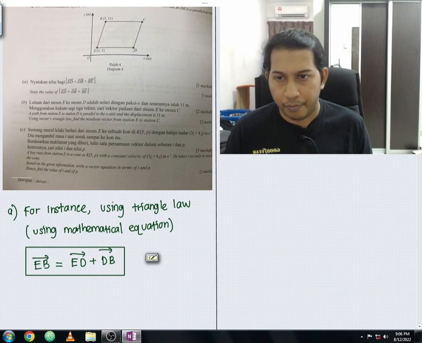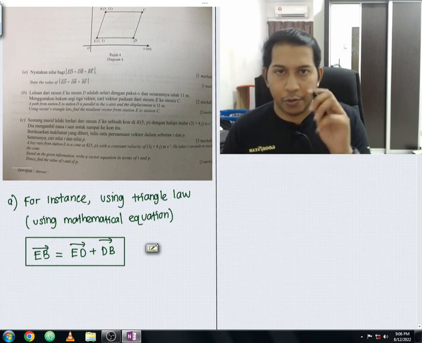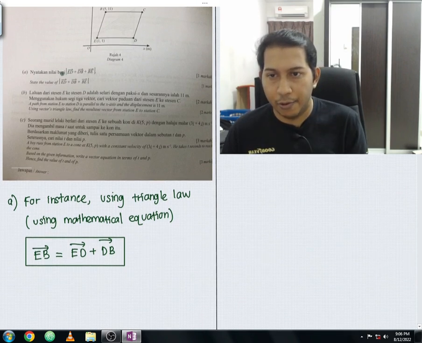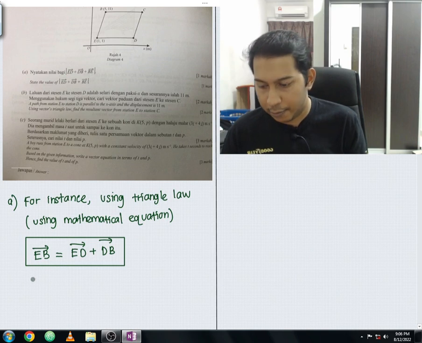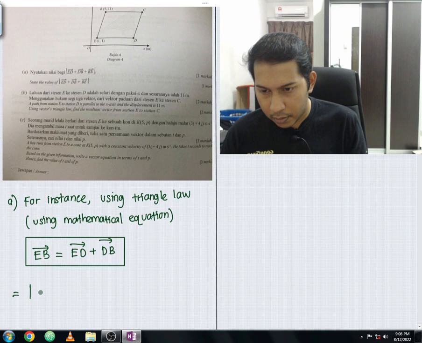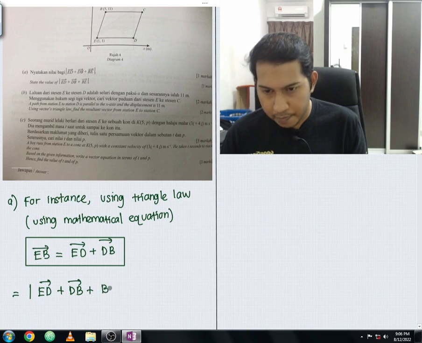Back to our main working. What I'm going to do now is write down the modulus equation. So equals modulus of vector ED plus vector DB plus vector BE.